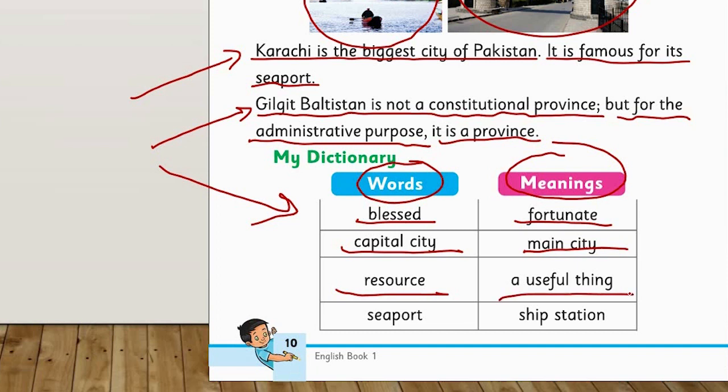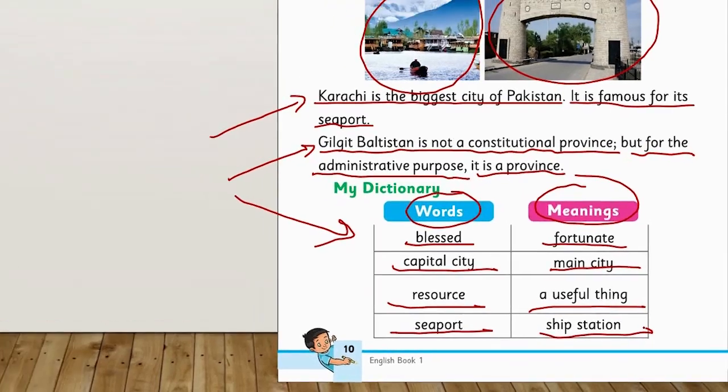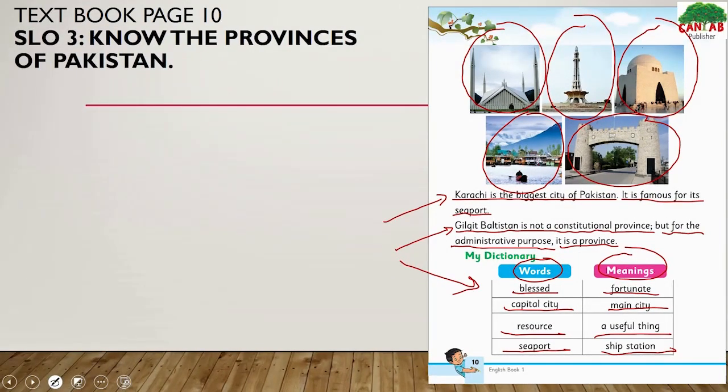Pakistan is a country full of many resources like sunlight, beaches, minerals, agricultural soil, and the list goes on. Seaport, ship station. There's a very big seaport in Gwadar, and a seaport in Karachi along the beach side of the Arabian Sea. The meaning of the word famous is mashhoor.